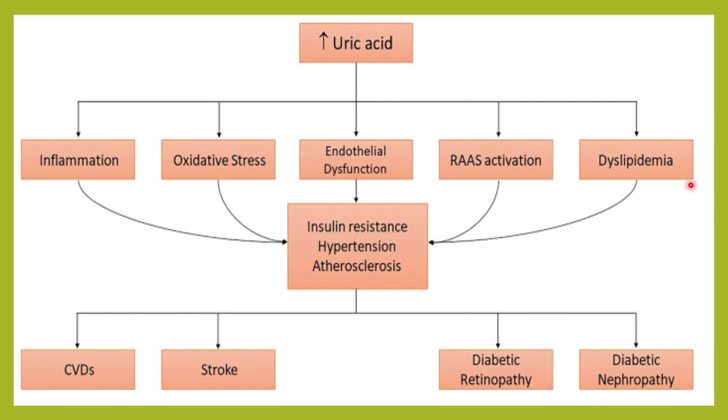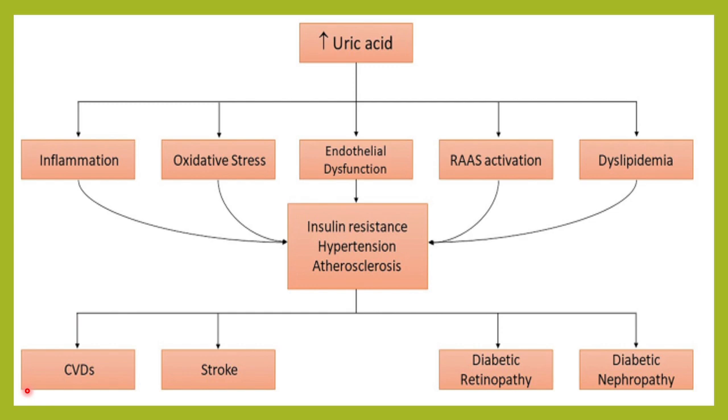It can cause dyslipidemia. All of this, the inflammation, oxidative stress, endothelial dysfunction, RAS activation, dyslipidemia, can cause insulin resistance, hypertension, atherosclerosis, deposition of fat. And because of these factors, the patient can have cardiovascular disease.